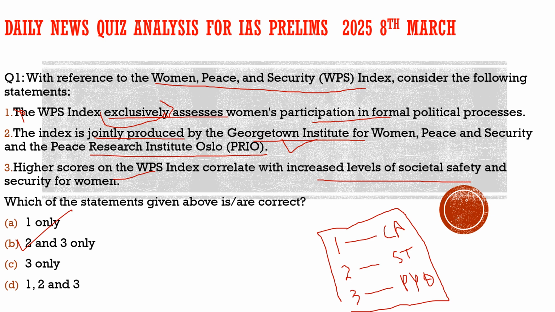There were various discussions with respect to women's safety. There was discussion with respect to women participating in STEM subjects, participating in scientific work. So in this regard, we need to know about this Women, Peace and Security Index, and where India stands with respect to that.